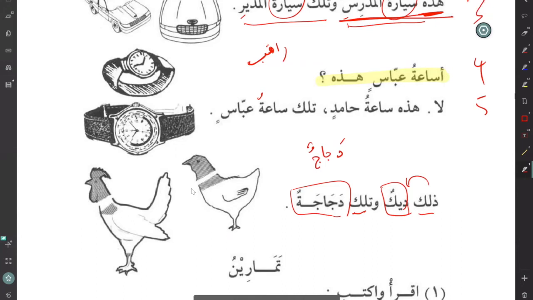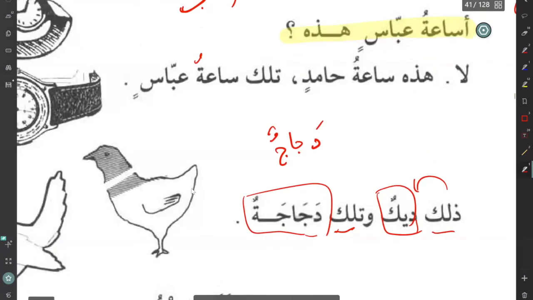So what does it mean when you have dajaj without ta marbuta? We're not going to study it right now. This is a little bit weird. When you have dajaj with ta marbuta, it is referring to one single chicken. If we have dajaj without the ta marbuta, it is referring to plural, okay, many chickens. جيد.